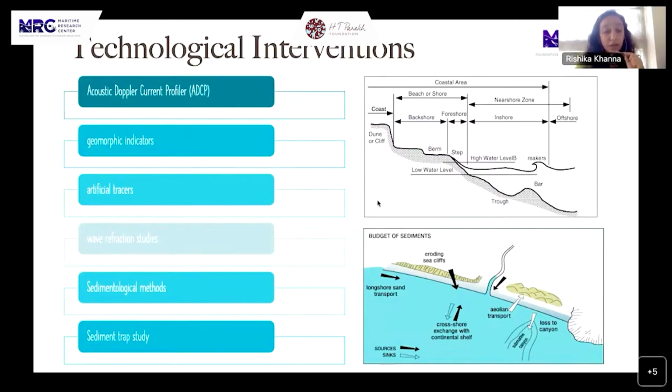There are also other sedimentological methods such as beach profiling and sediment budget, which analyze the sediment transport. Sediment trap study specifically is employed to measure the quantity of suspended sediment which sinks in an aquatic system at a given place over a period of time.